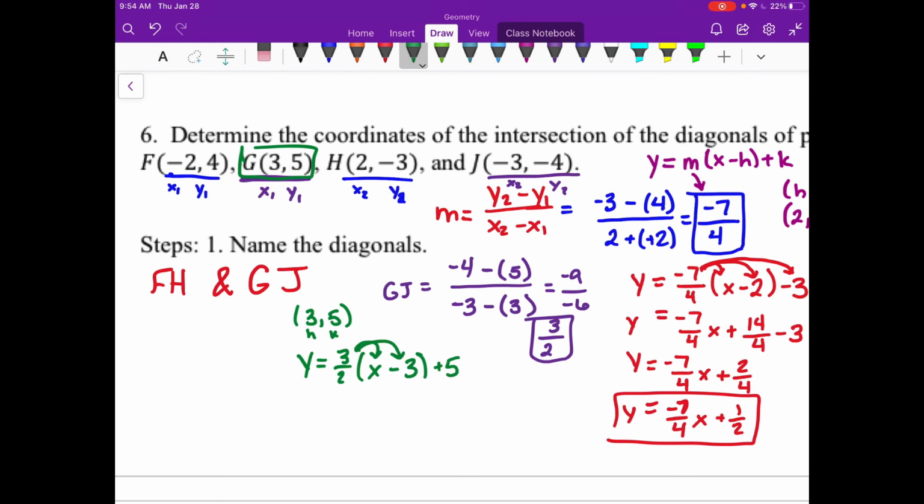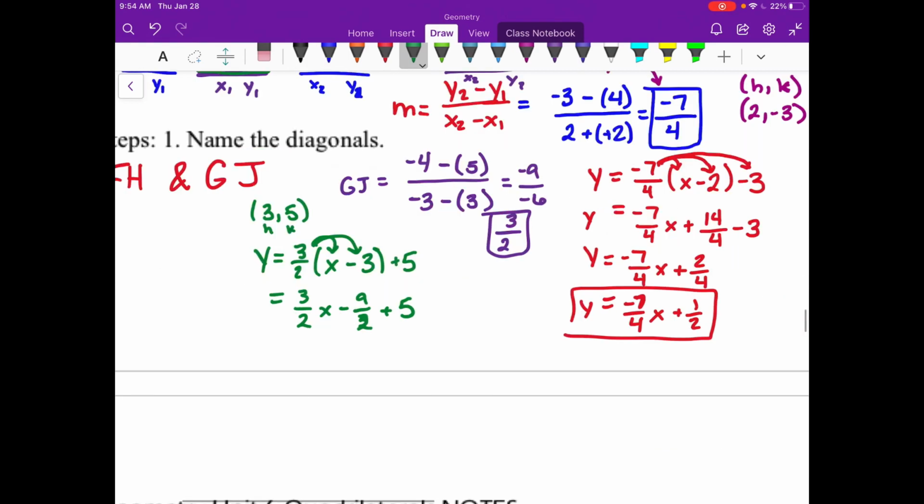Multiply those, and I get 3 over 2x. Negative 3 times 3 halves is negative 9 over 2. Plus 5. Negative 9 over 2 plus 5 is actually just 1/2.